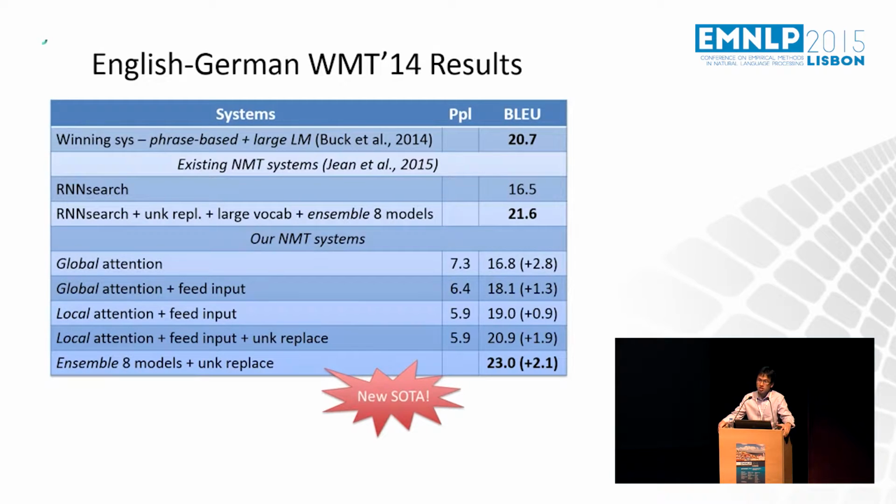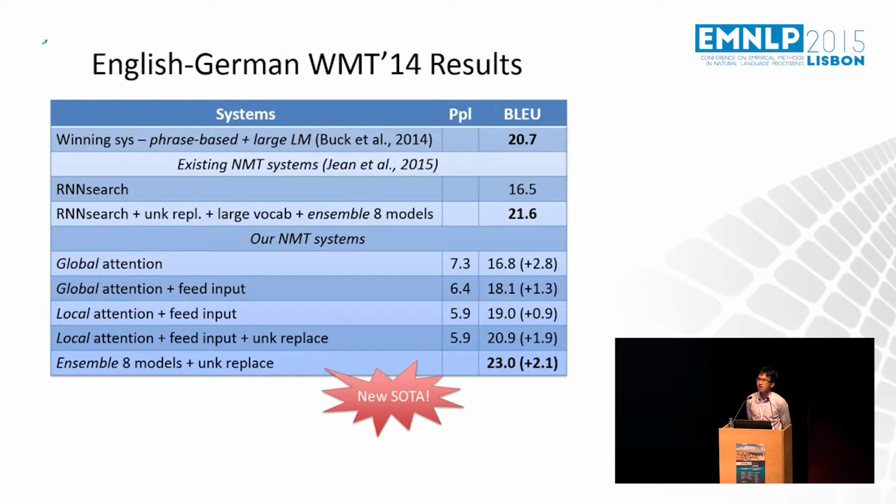But I think the nice thing here is that by trying various variants of the attention model, we actually have various models that have very different attributes, and these contribute together to get a better system. To be concrete, I ensemble the global attention model and the local attention model with dropout and without dropout, and all together we get a very nice system.